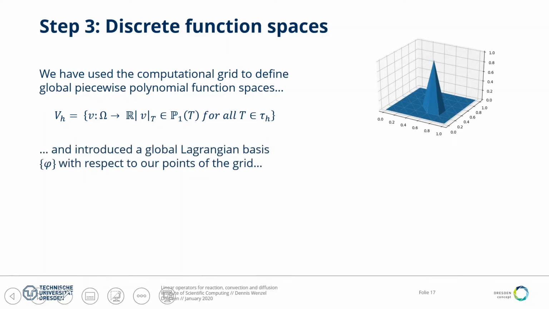For this space we have introduced a global Lagrangian basis, a set of functions phi such that they fulfill a Lagrangian condition with respect to the points of our grid, meaning that every one of those basis functions has the value 1 at just a single point of our grid and value 0 at all other points. They are these hat functions that you see here on the right.